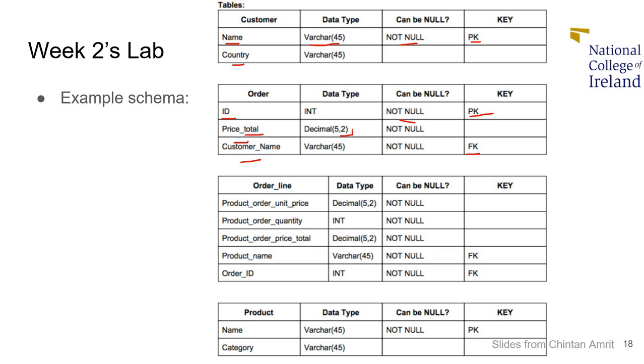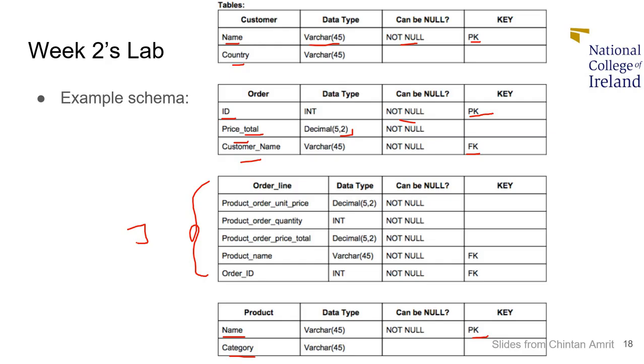And I will show you a link to the MySQL documentation where you can find out more about data types and what they mean. And then here, product as well. So product has a name, which we set as primary key. And then there's the category attribute of the product table. And this is the junction table.